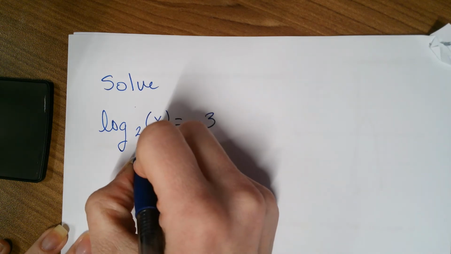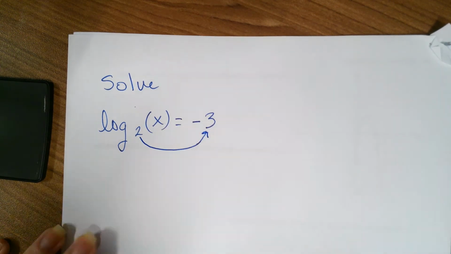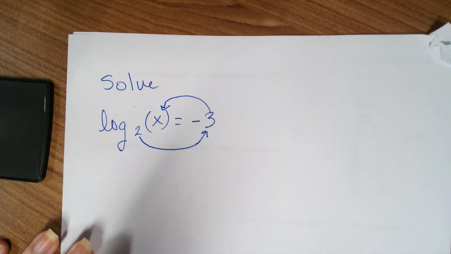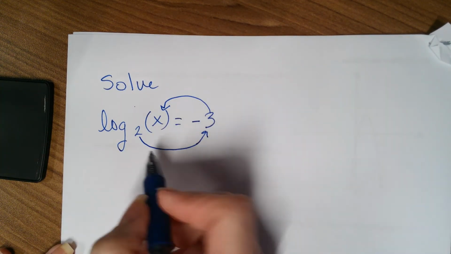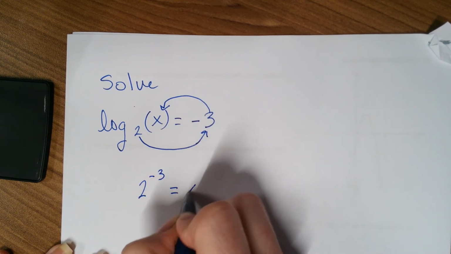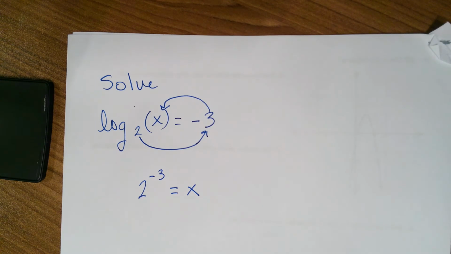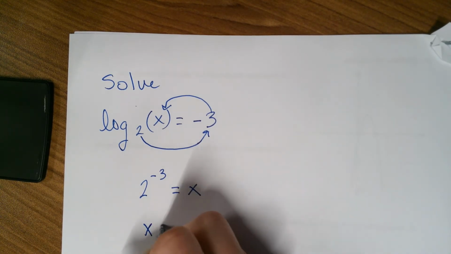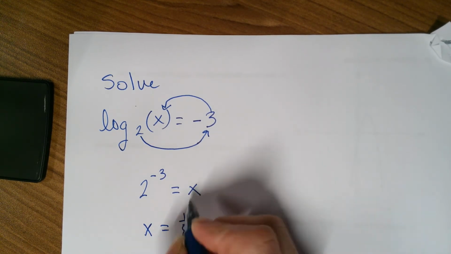So I'll start with the base, raise it to the power of the output, and that will be equal to the input, so it makes a little circle. So I can rewrite this as 2 to the -3 is equal to x. And now we can see we essentially already solved this equation. I just need to simplify 2 to the -3. 2 to the third power gives me 8. The negative implies I need to take the reciprocal, so I get x is equal to 1/8.